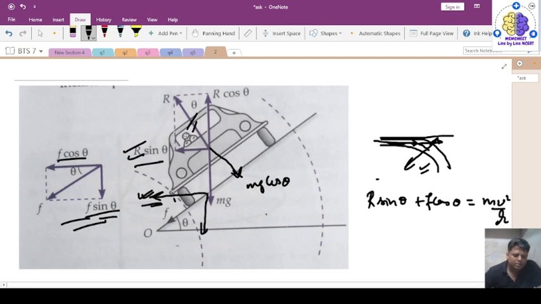And this R cos theta and F sin theta, they are in opposite directions.